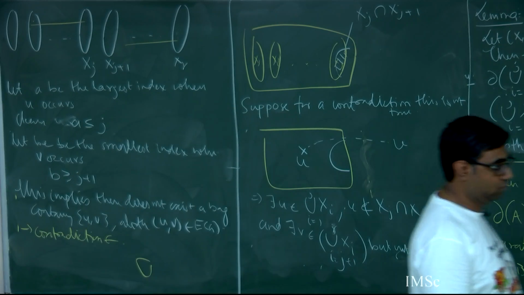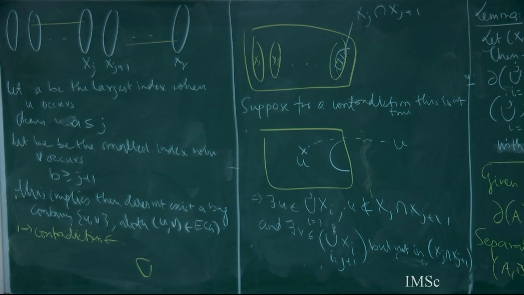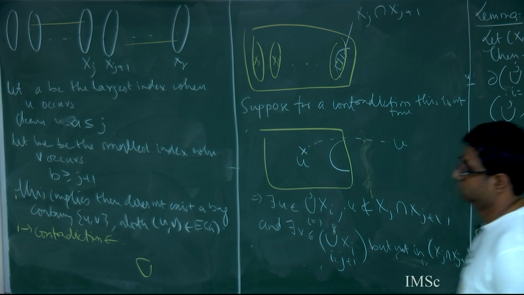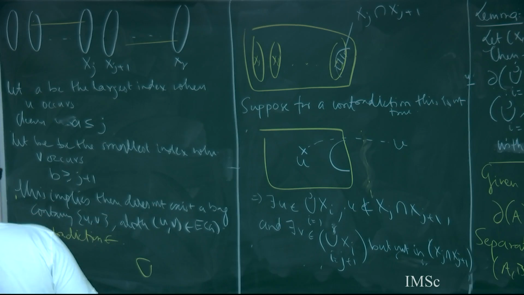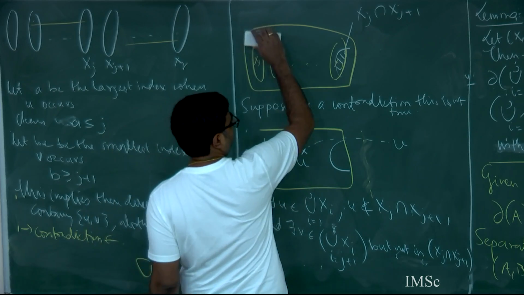Okay, now what I am going to do is to define a notion of canonical path decomposition, which is a very useful property to have while doing a dynamic programming algorithm. Okay, so let's go from here.